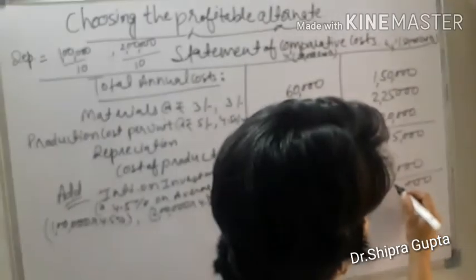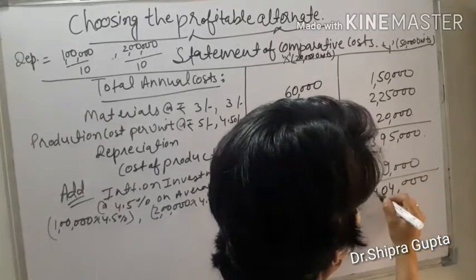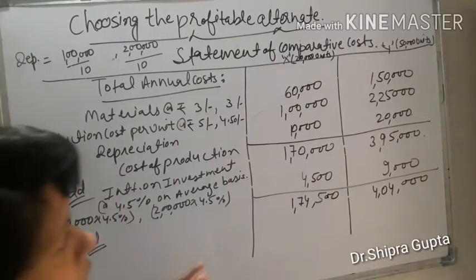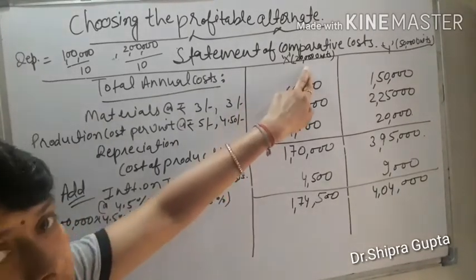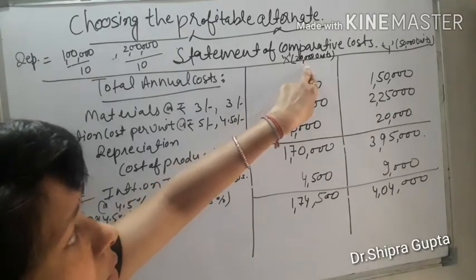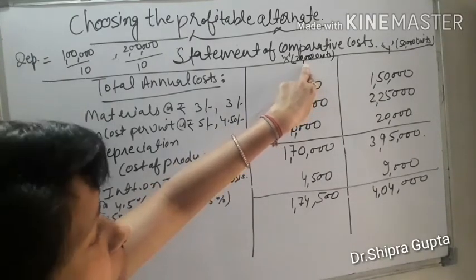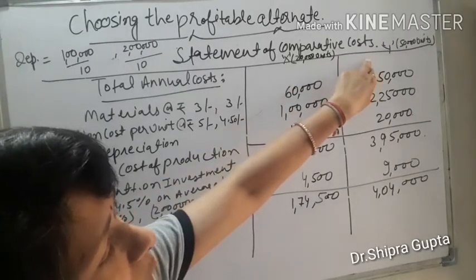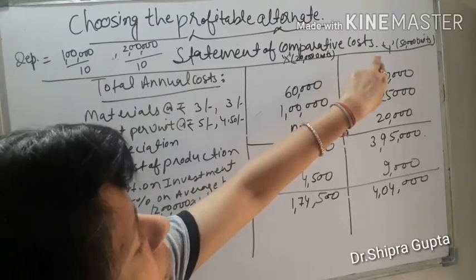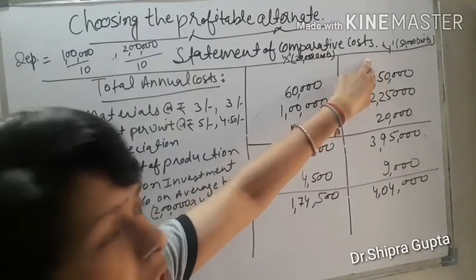The totals are 1,74,500 and 4,04,000. Then again we add: machine X's capacity is 20,000 units, but we need 30,000 units, so 10,000 more units are required for machine X. For machine Y the capacity is 50,000 units, and we need only 30,000, so 20,000 are extra.